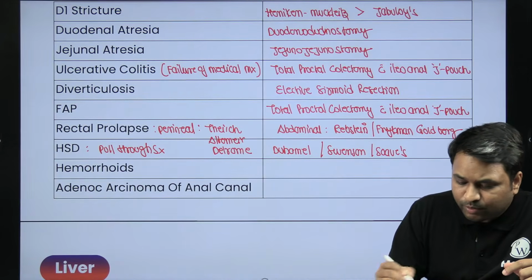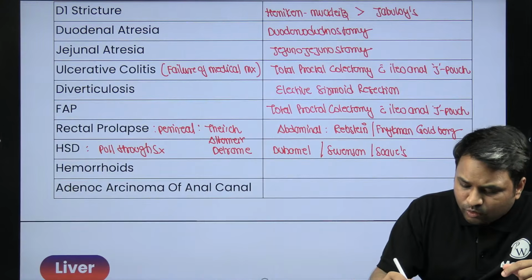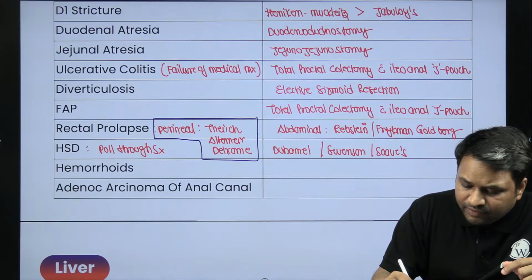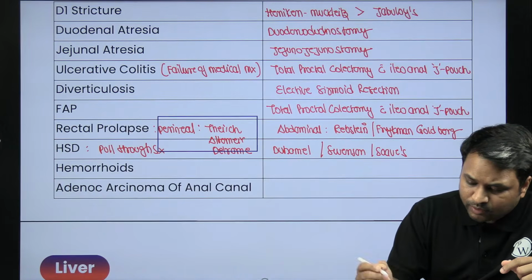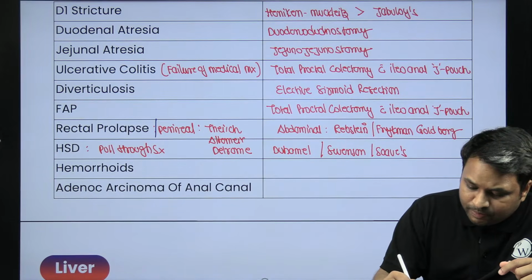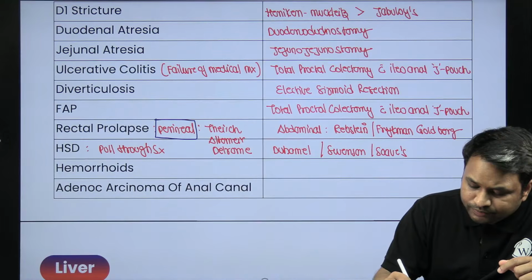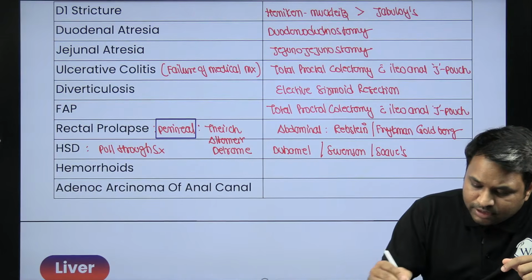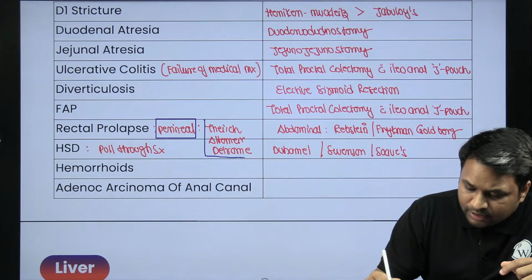All these are perineal approaches. But again, let's not overburden ourselves with a lot of information. Let's keep to the ones we can understand. So the perineal approach is Thiersch, Altemeier, and Delorme surgery.